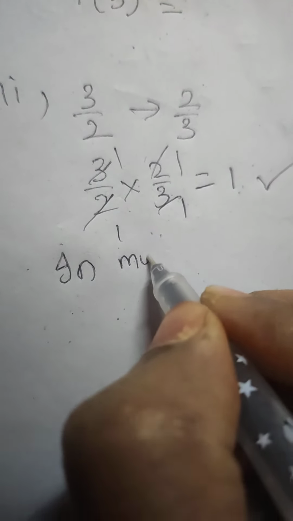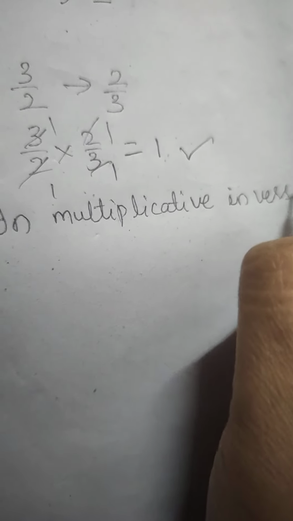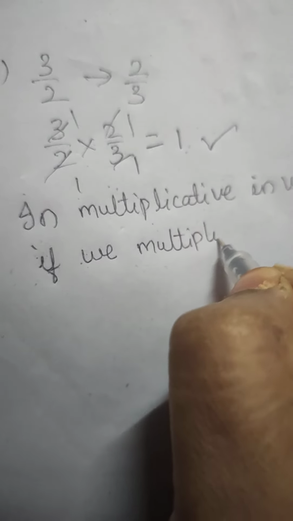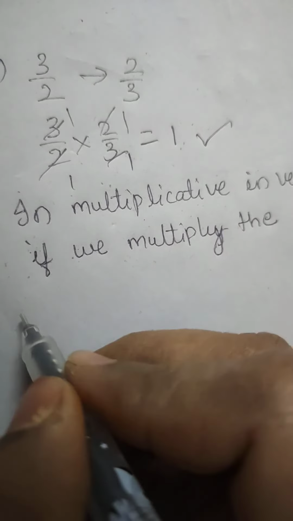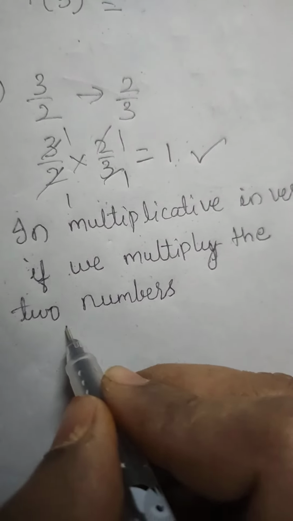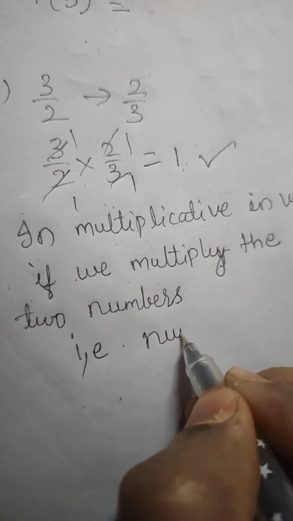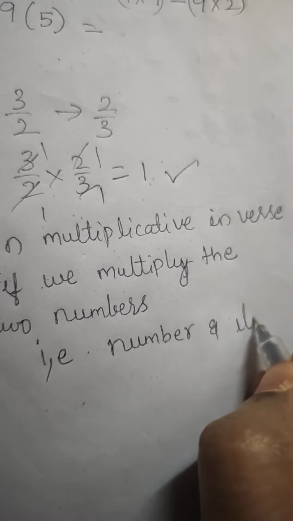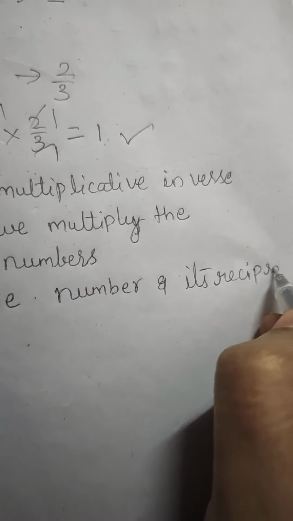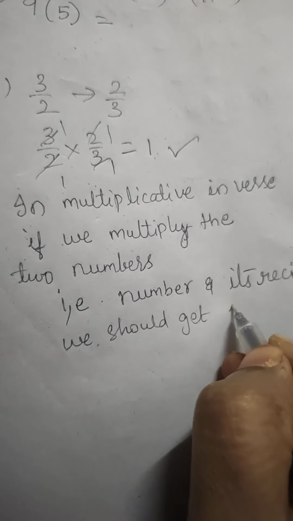In multiplicative inverse, if we multiply a number and its reciprocal, we should get 1.